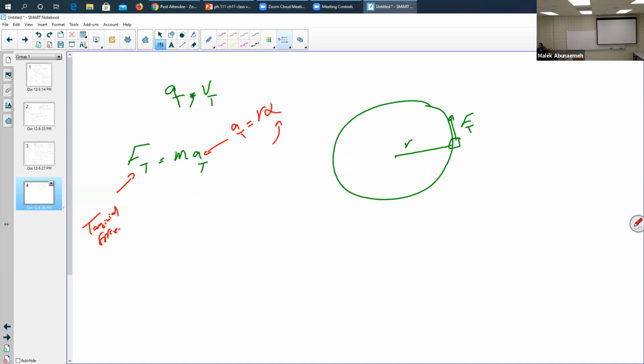And again, alpha is your angular acceleration, and R is your radius. And let me just write down M for mass.